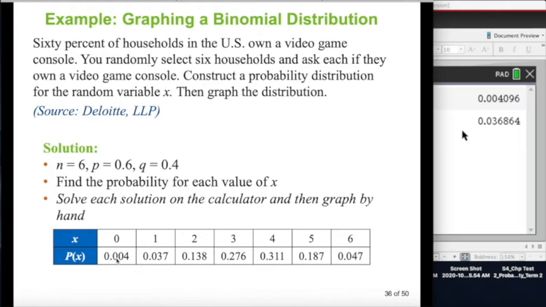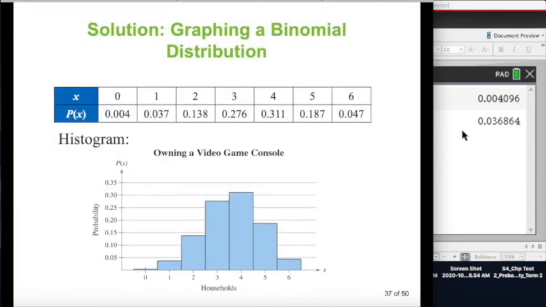probability distribution. Okay, next what we have to do is make the graph. We don't have to do this by hand. This is only an example. So we know this probability distribution, then we can create the histogram. This is not in the syllabus. I include this example just to give you an idea that you can use to develop your IA.